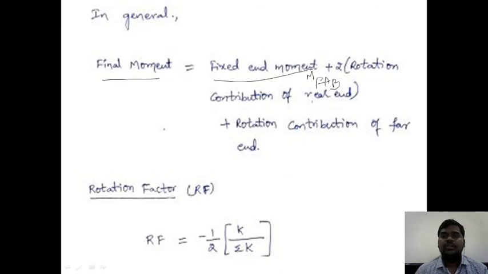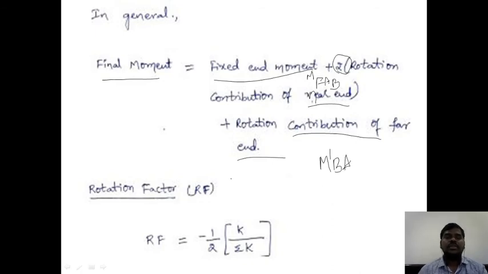Next we have 2 times the rotation contribution of the near end, and the rotation contribution of the far end. These are the rotation contributions, that is M dash AB. For the near end we have to make it double, 2 times M dash AB, and this is M dash BA.